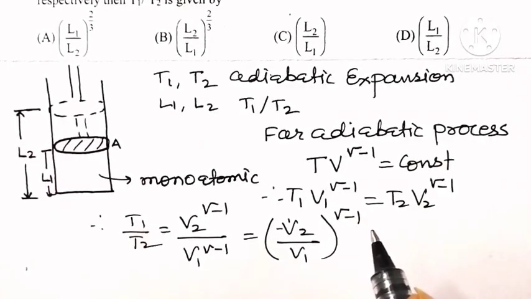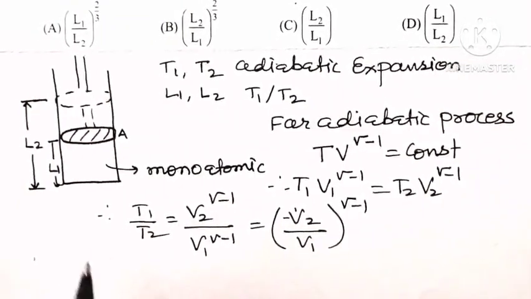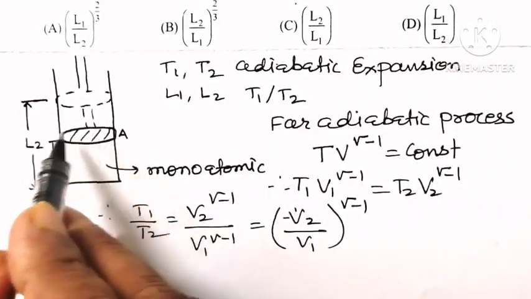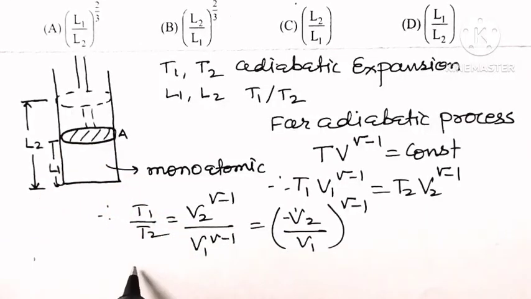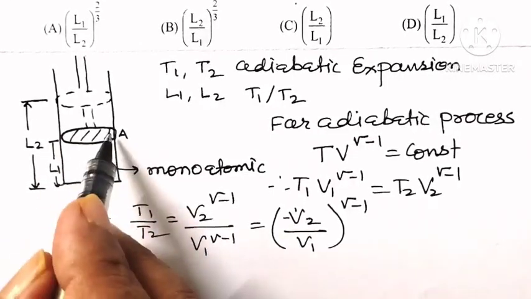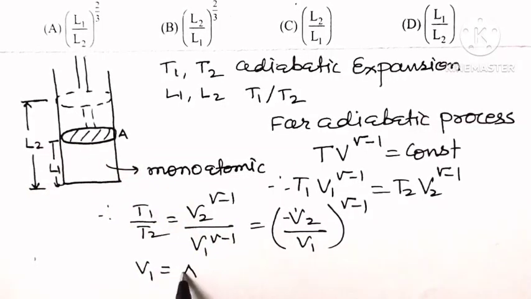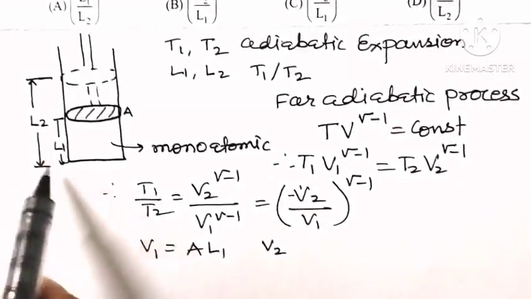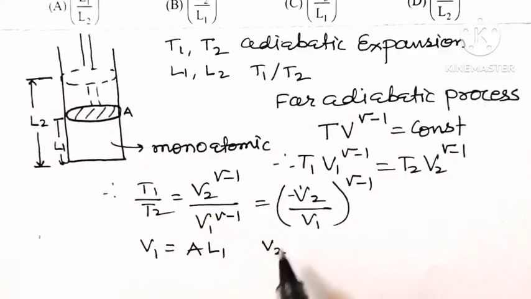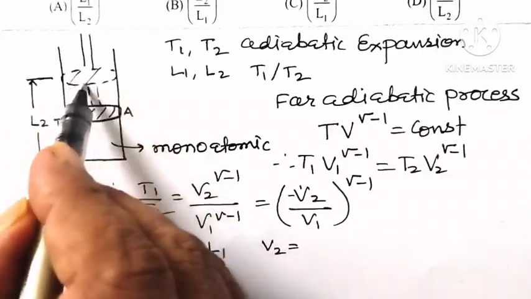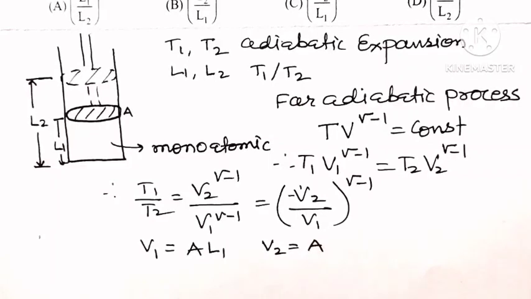V2 by V1 raised to gamma minus 1. But as far as the volume of the cylinder is concerned, volume of gas before expansion, V1, is equal to the cross sectional area of the piston multiplied by the length of the air column before expansion. Similarly, volume of the gas after adiabatic expansion is equal to the cross sectional area A multiplied by L2.